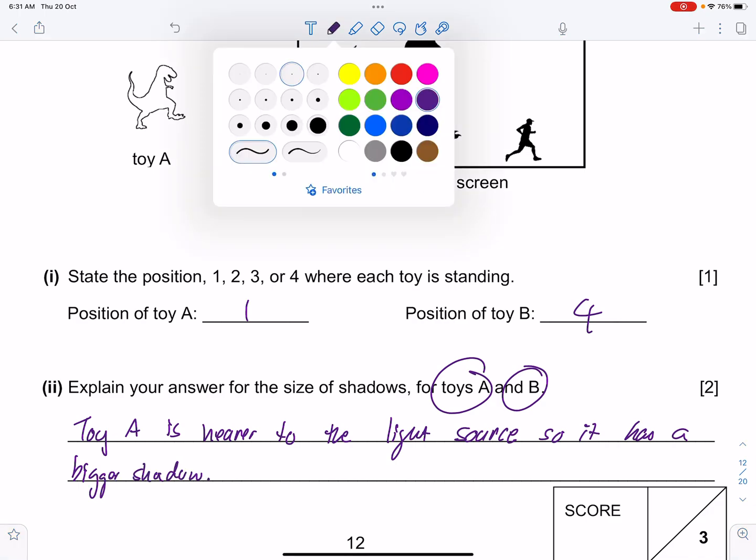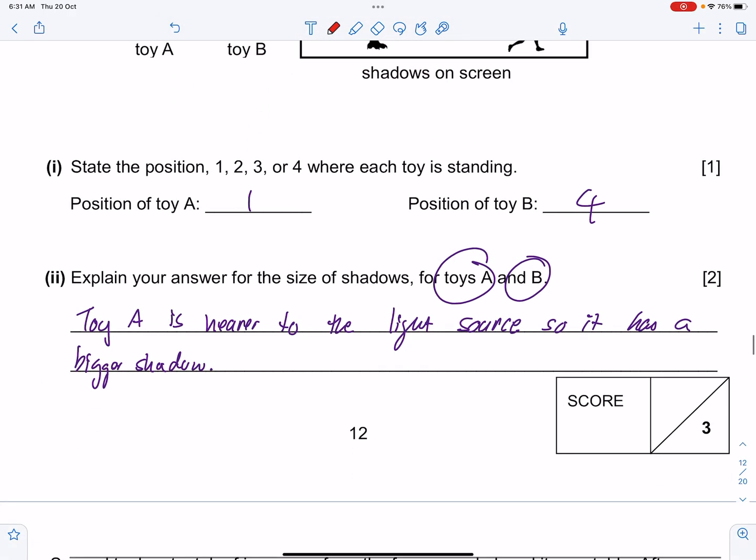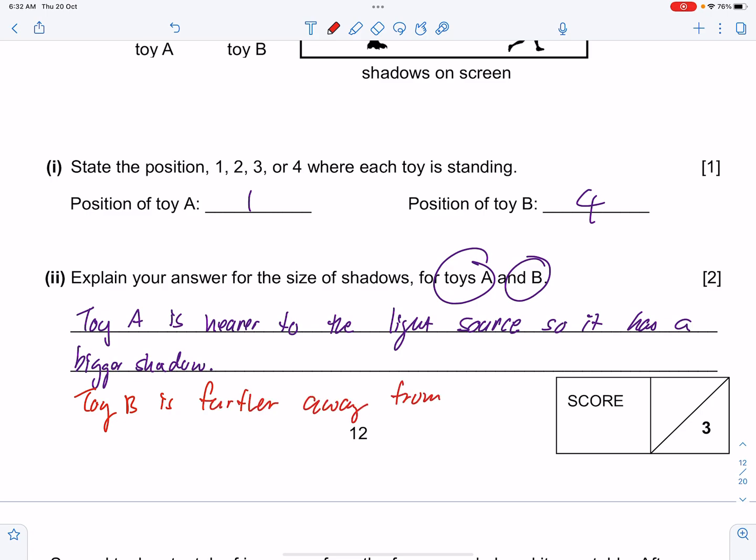And then you go on to explain for toy B. So toy B is further away from the light source, so it has a smaller shadow. Then it's very clear cut.